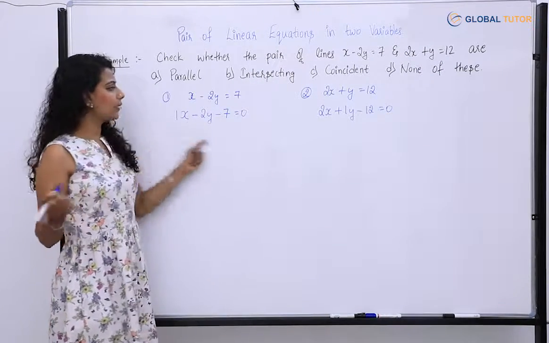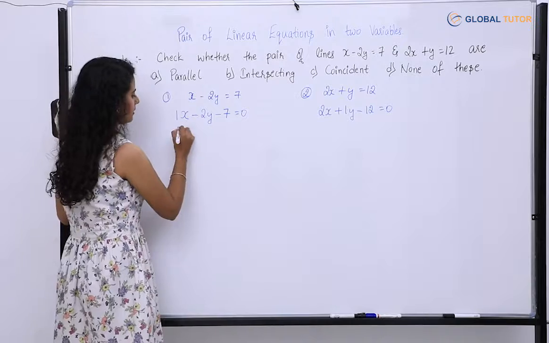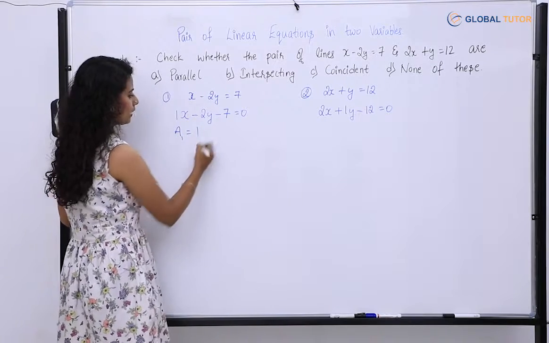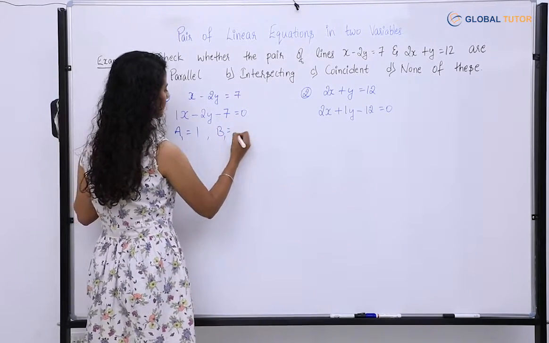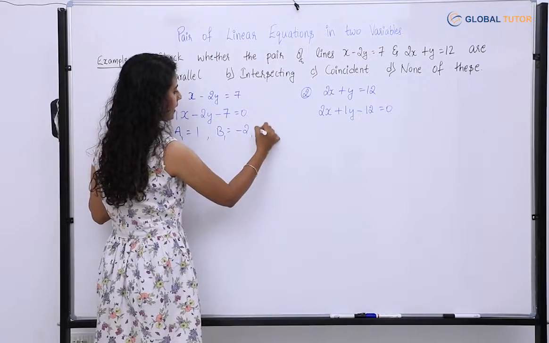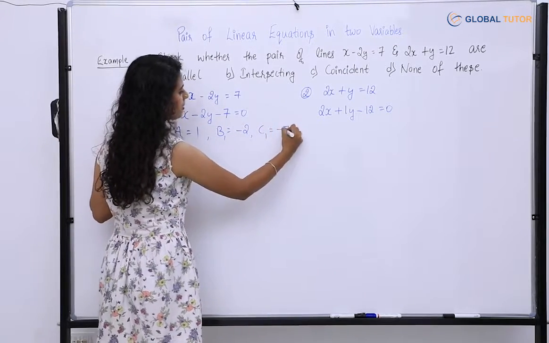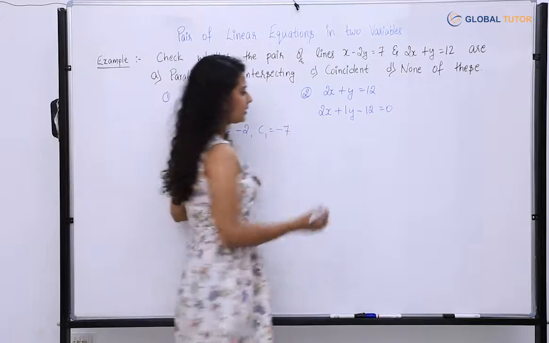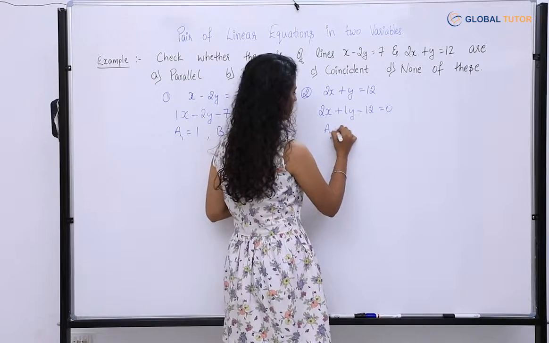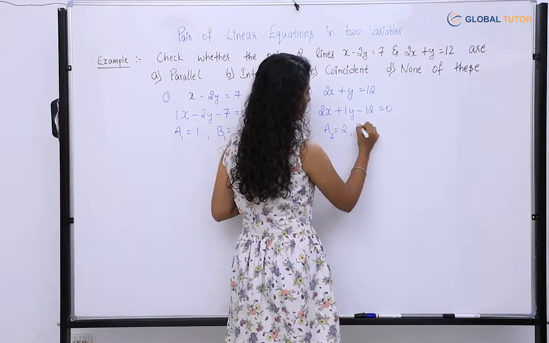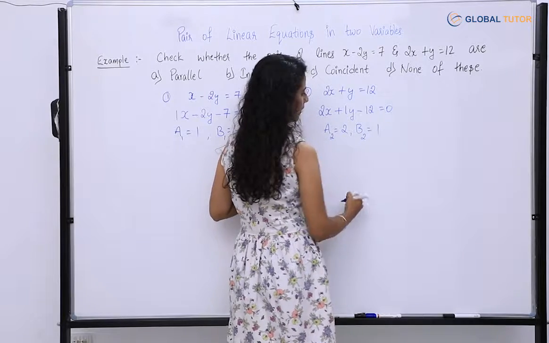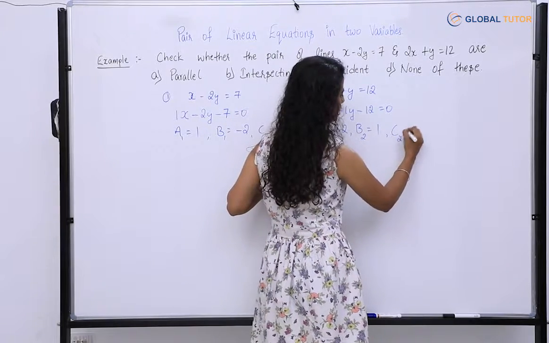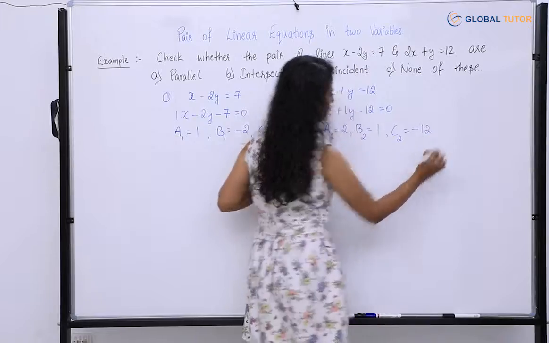Now, what are the values of constants? a1 is equal to 1, b1 is equal to minus 2 and c1 is equal to minus 7. In this case, a2 is equal to 2, b2 is equal to 1 and c2 is equal to minus 12.